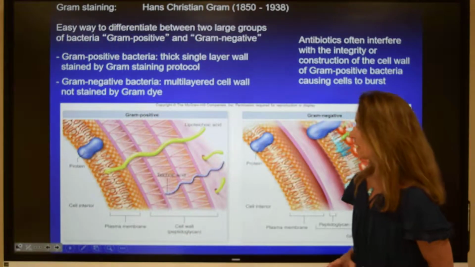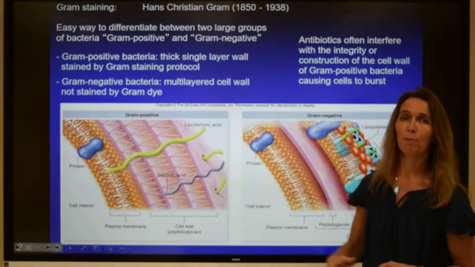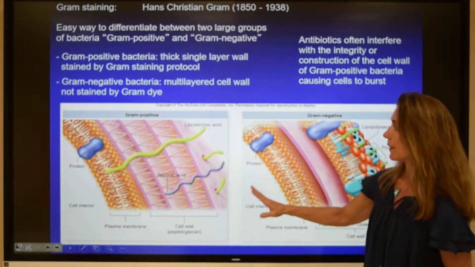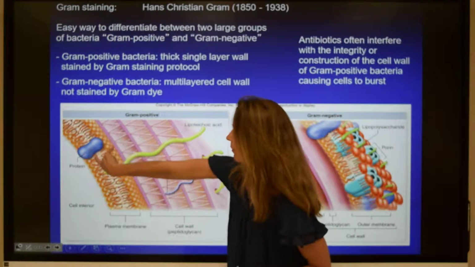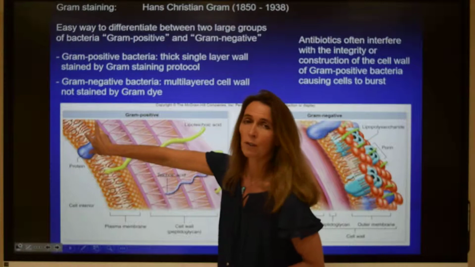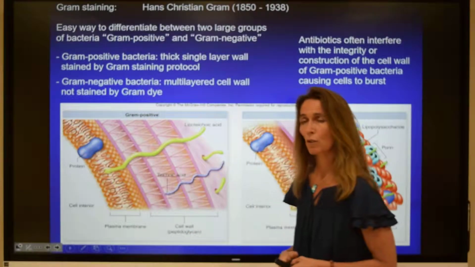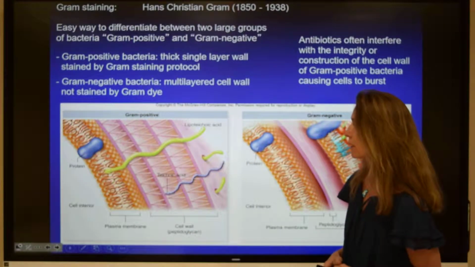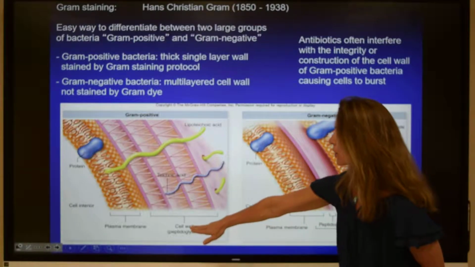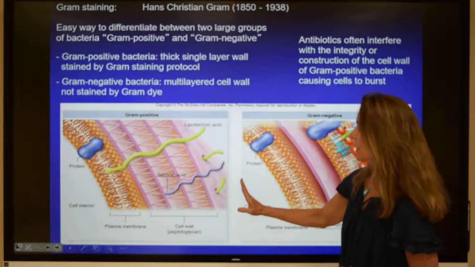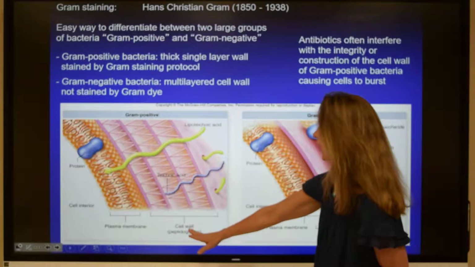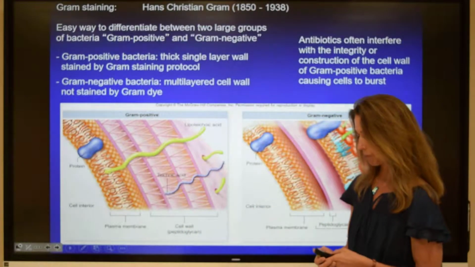If we start here with the gram-positive bacteria, you can see that they have a cell membrane. This consists of lipids and proteins, these phospholipids and proteins. But they also have an outer cell wall, and this outer cell wall consists mainly of peptidoglycan.